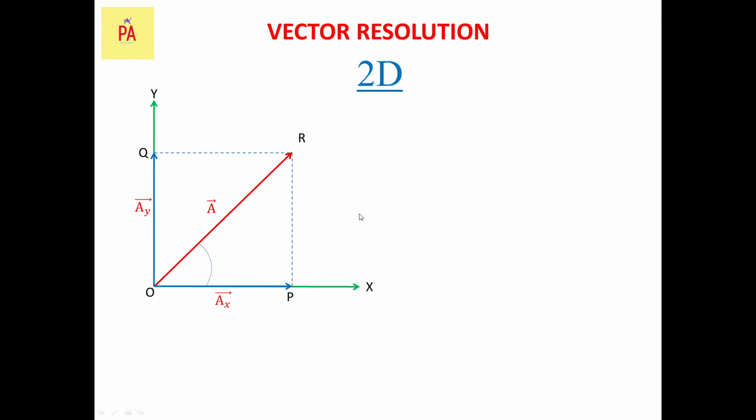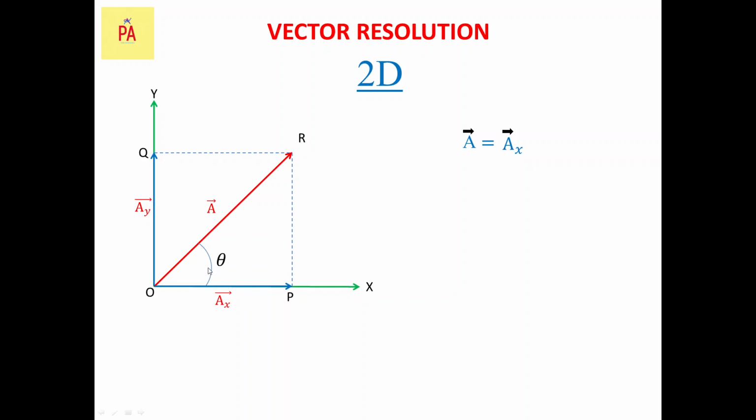Clear? Now let us have the angle from the horizontal. We have considered this one as theta. Now we'll go for vector A, the original one. All are original only, but the wholesome one, we can say vector A. Now what does vector A represent?